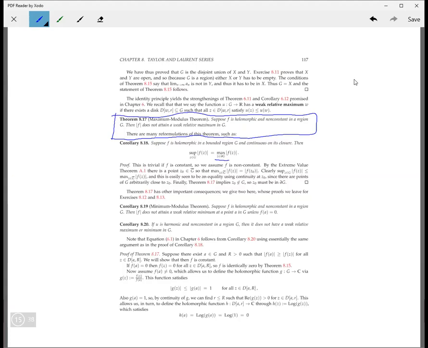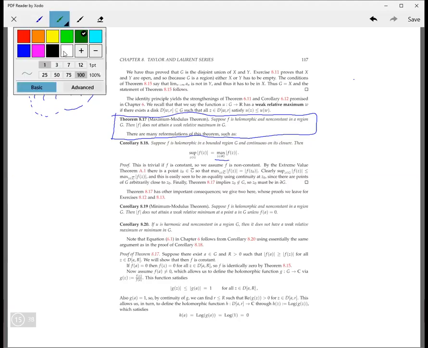So if you have, this is your region right here. It's holomorphic inside. It has to be holomorphic everywhere in there and non-constant. Then it's not going to attain the maximum inside. The maximum is going to be somewhere along the boundary, not interior. You can kind of justify it this way.